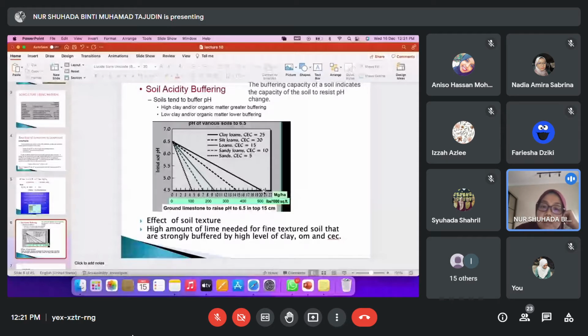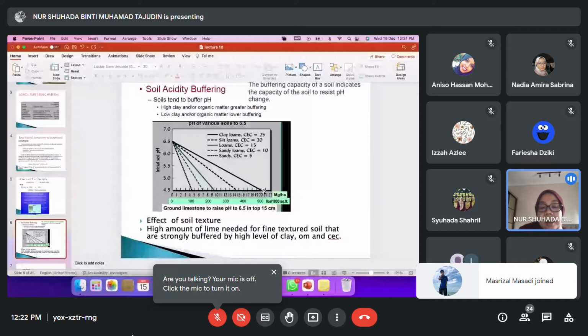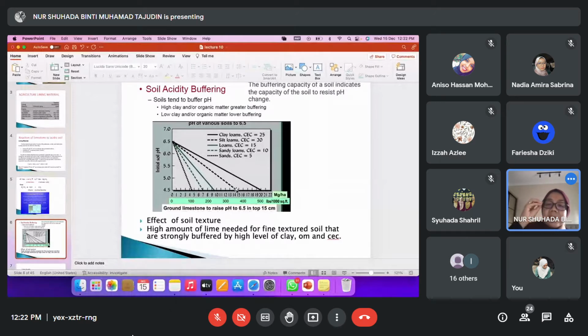Clay requires more limestone than the sand. That is because of the texture. A high amount of lime is needed for fine texture to increase its pH, although for a coarse texture type of soil, for example here sand, with the same pH, sand requires about 100 ton per hectare, and clay loam requires about 500 ton per hectare of limestone to increase its pH.